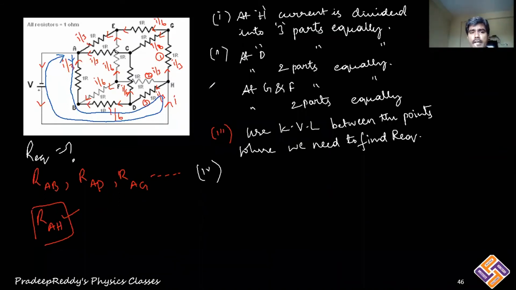Suppose you are supposed to find the effective resistance between A and D. Take A as the starting point, D as the end point. Take one completed path along with that battery.